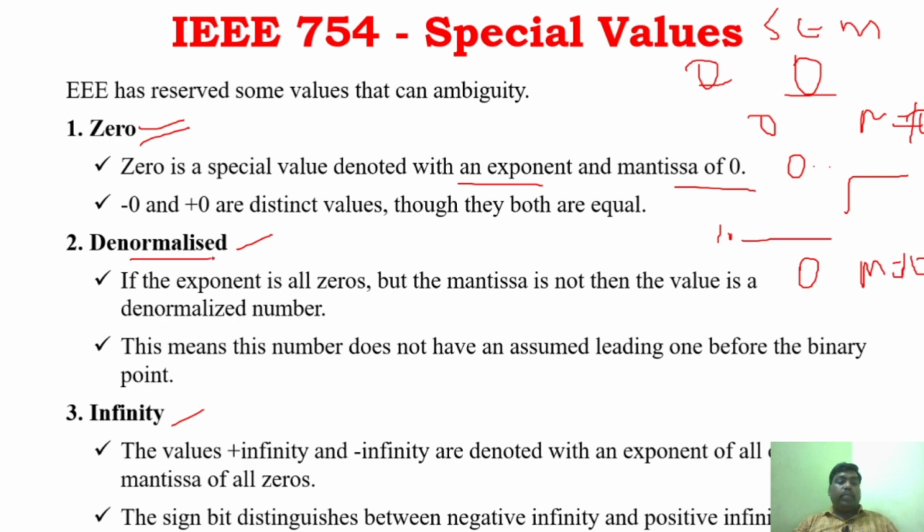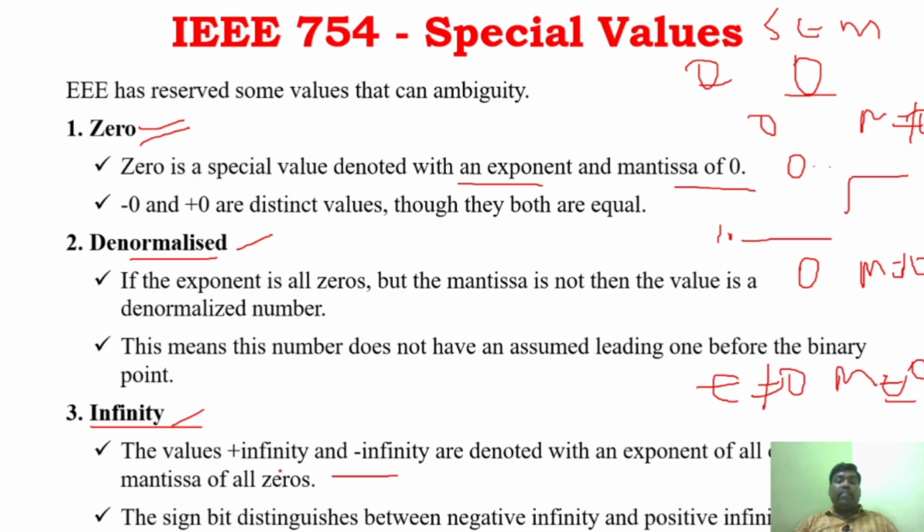That is a denormalized value. Similarly, if there is infinity, that is positive infinity or minus infinity, how will you represent it? That is, if the exponent is all ones and the mantissa is all 0, then that can be used for infinity numbers, right?